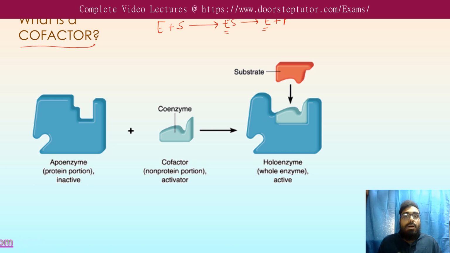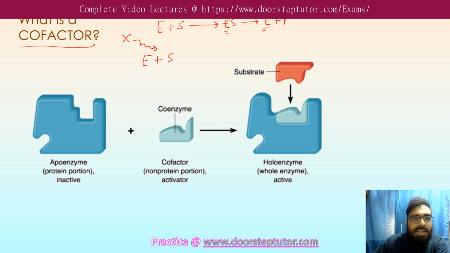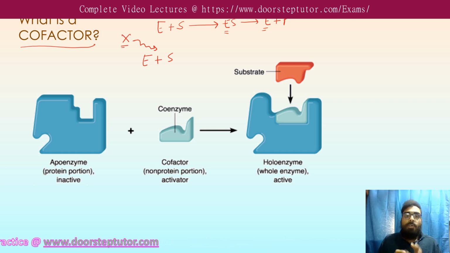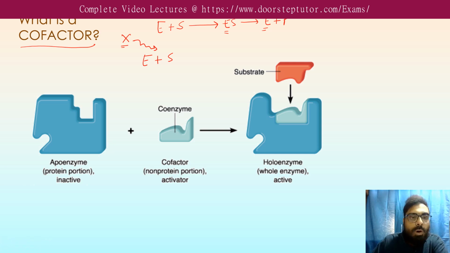Now suppose in catalyzing a reaction, the enzyme requires an X component also. The enzyme cannot perform two functions at a time. It cannot go and bring out that X component also. So there comes the role of cofactors.